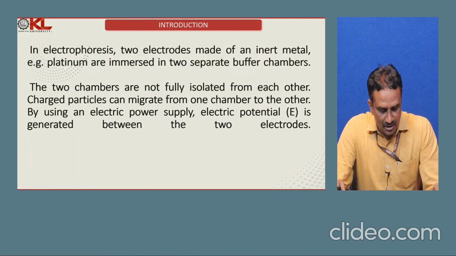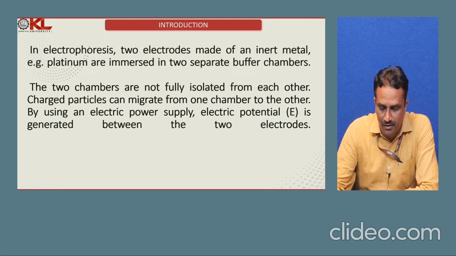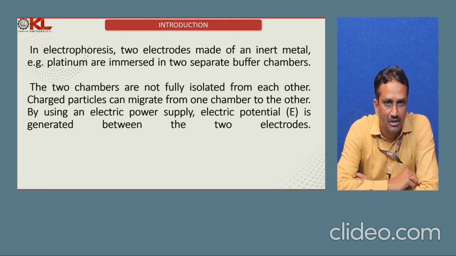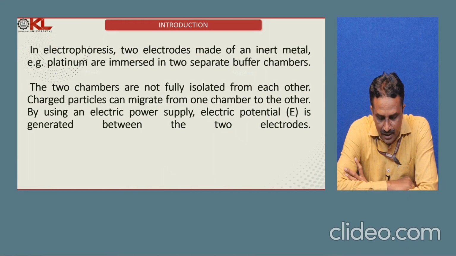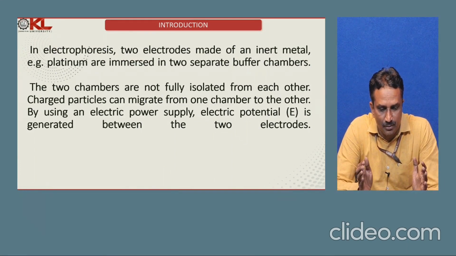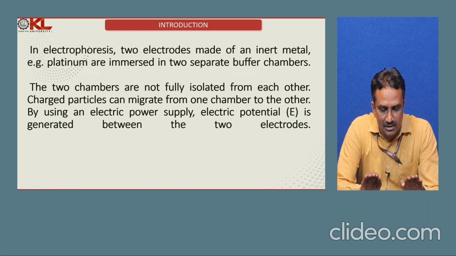Coming to the introduction, in electrophoresis we use two electrodes made up of an inert metal like platinum that is immersed in two separate buffer chambers. If you imagine a gel apparatus, there will be two reservoirs where we can load our buffer.